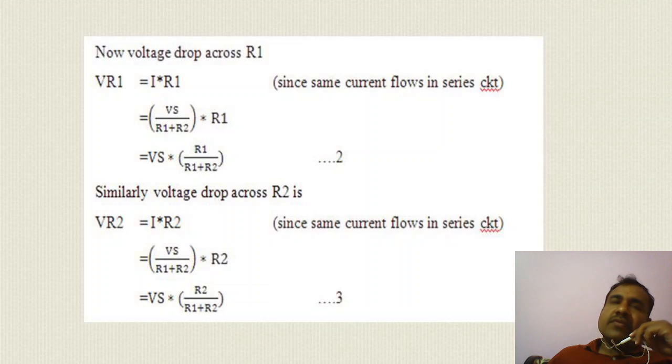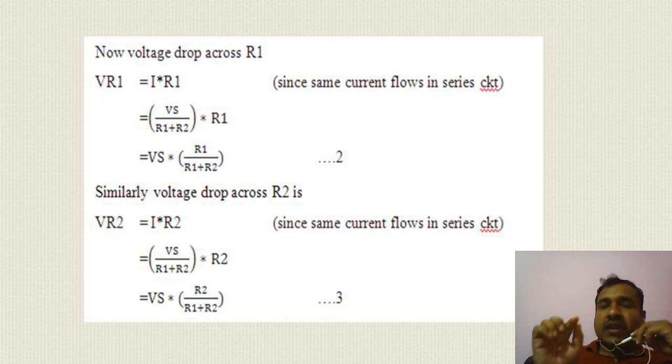Can you find out voltage drop across R1? That is VR1 is equal to I into R1. We have already discussed what is I. I is equal to Vs divided by R1 plus R2, into R1. Rewriting this, VR1 is equal to Vs into R1 divided by R1 plus R2. I call this equation number 2.